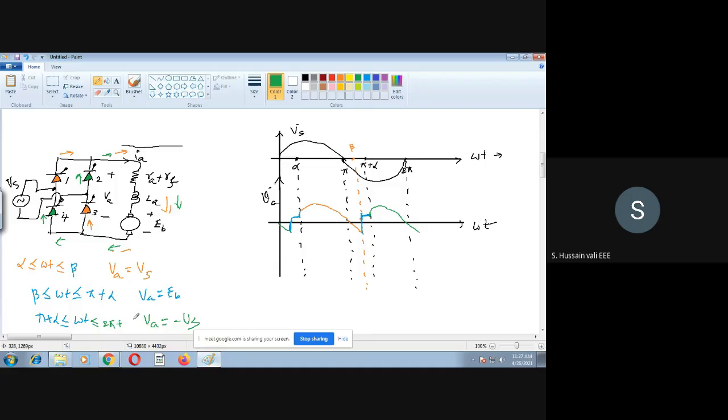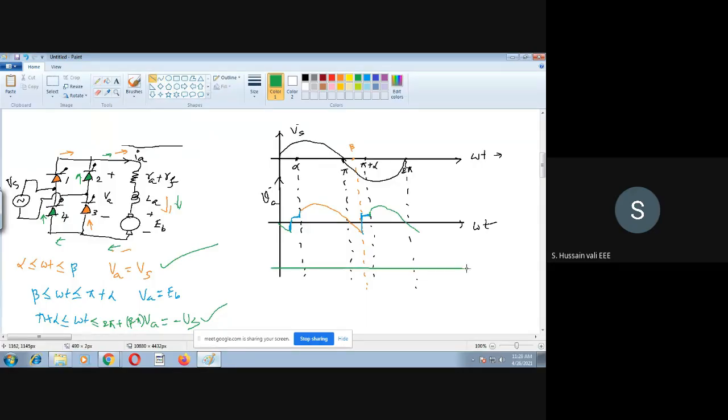It will be 2 pi plus some value, and that value is beta minus pi. So it is beta minus pi. With this, you can easily get the durations properly.